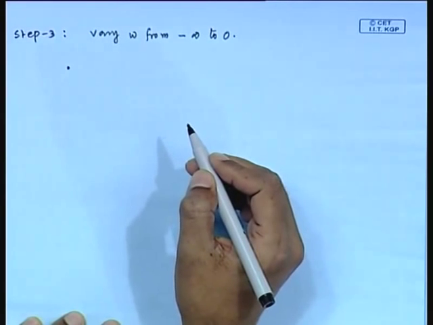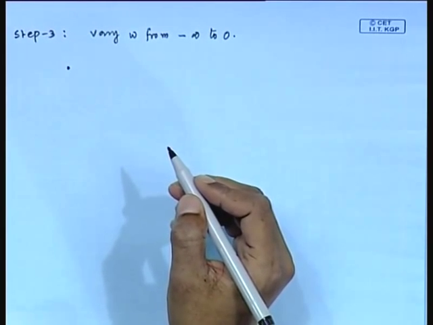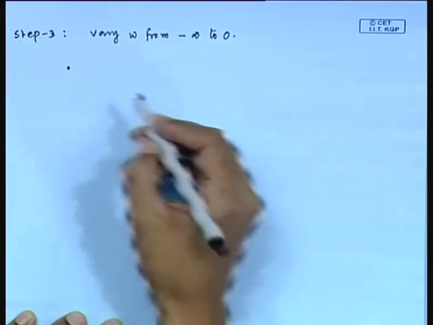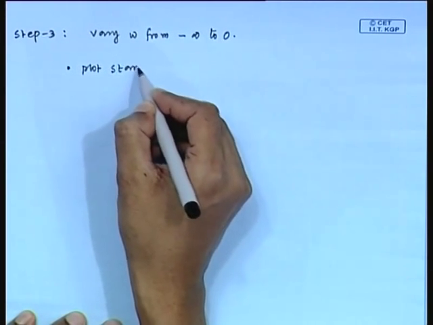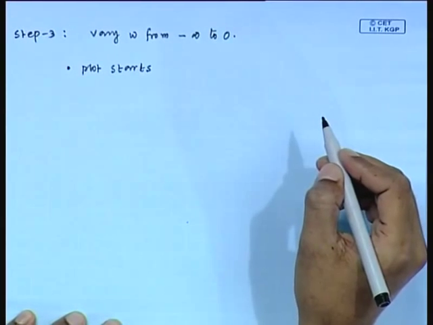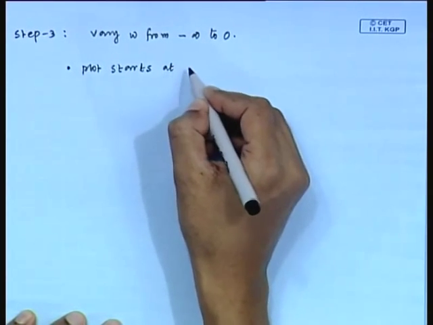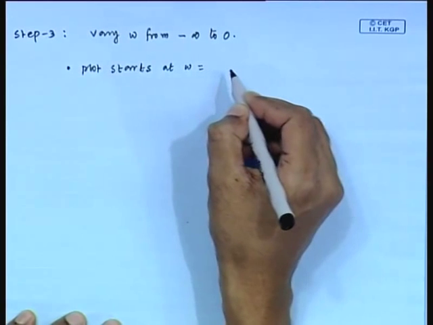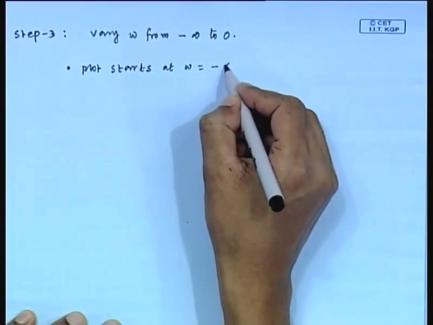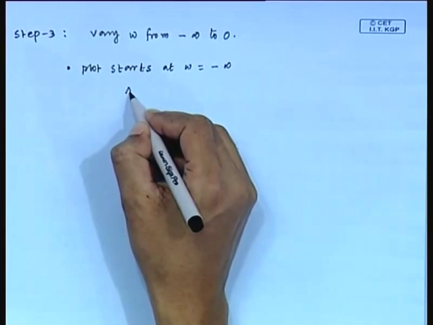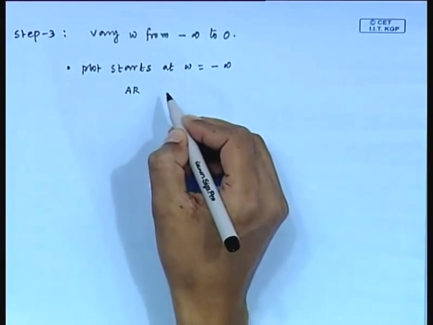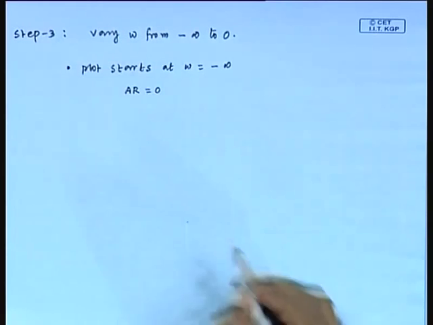Now, the polar plot starts at omega equal to minus infinity. What will be the corresponding amplitude ratio? The corresponding amplitude ratio is 0.